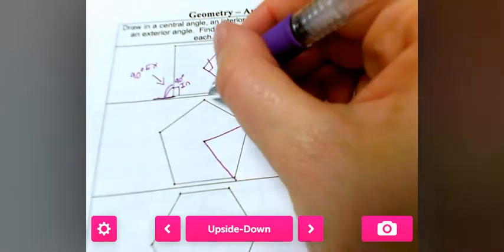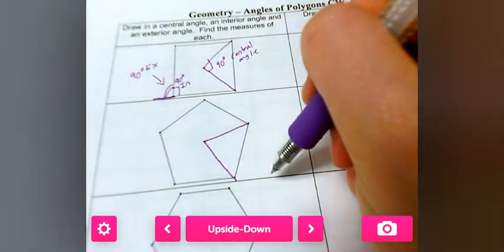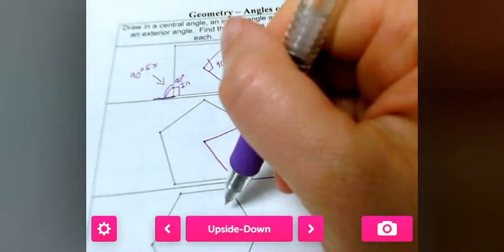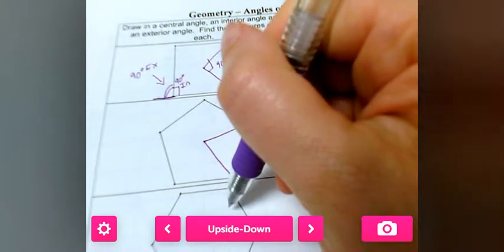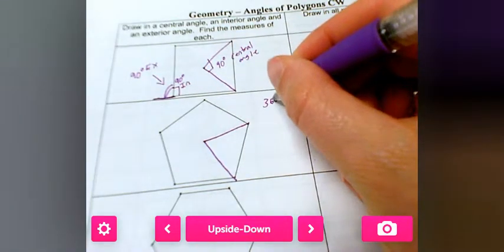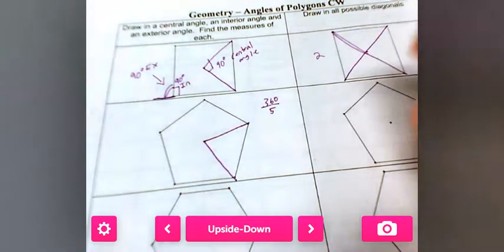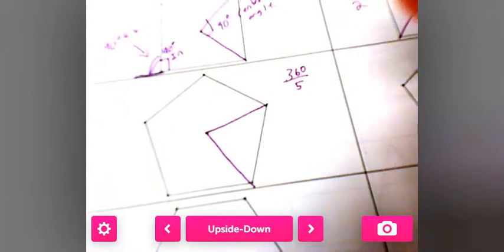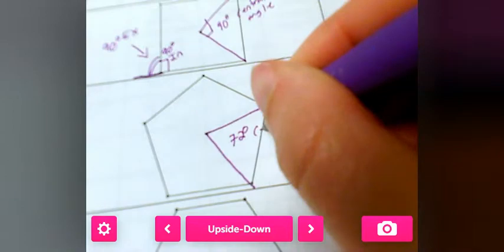It has 5 sides, right? If I were to draw a circle around it, I know that all the angles would add up to 360, right? Okay. So, could I do 360 divided by 5? What would that give me? 72 degrees. So that's my central angle.